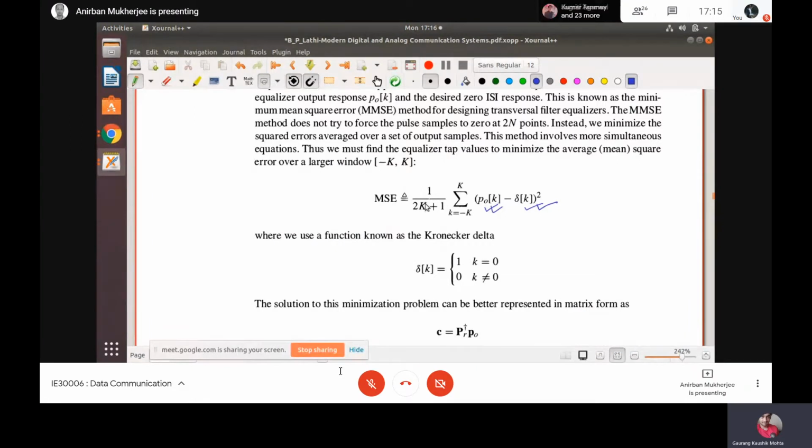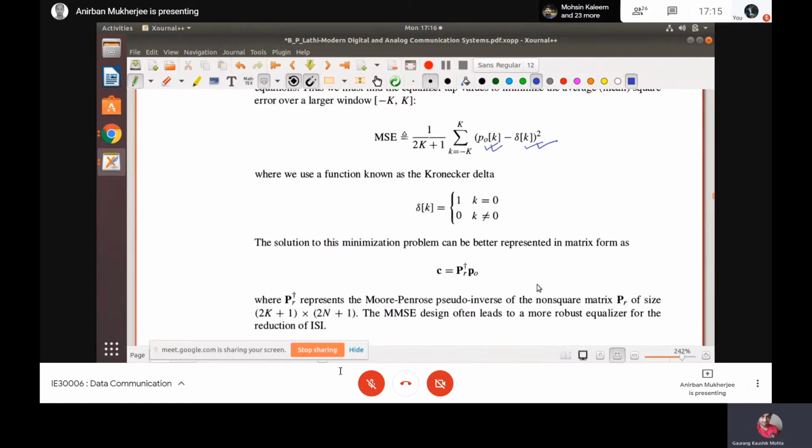If I do the minimization using the derivative, you will get C equal to PR, the pseudo inverse, the Moore-Penrose inverse of a non-square matrix, into P. And this PR has dimension 2k plus 1 plus 2n plus 1.